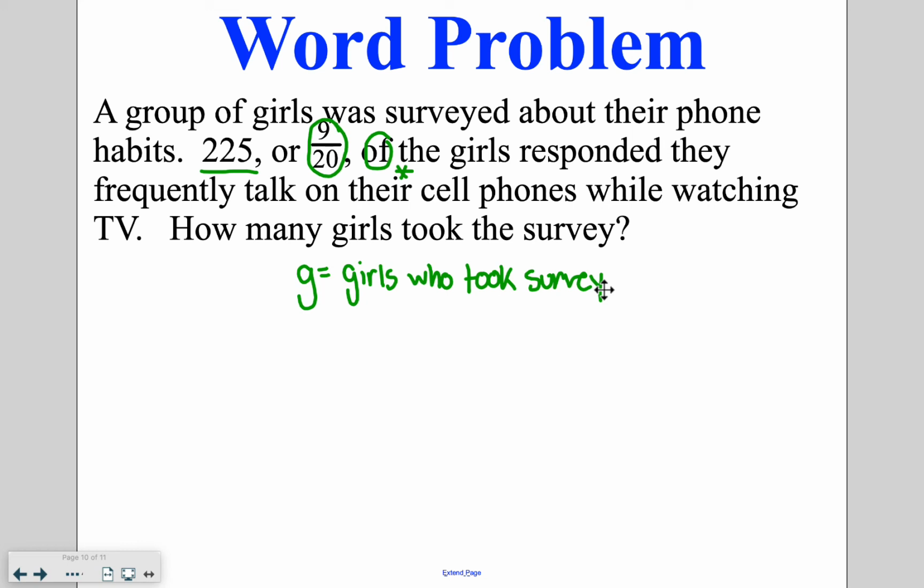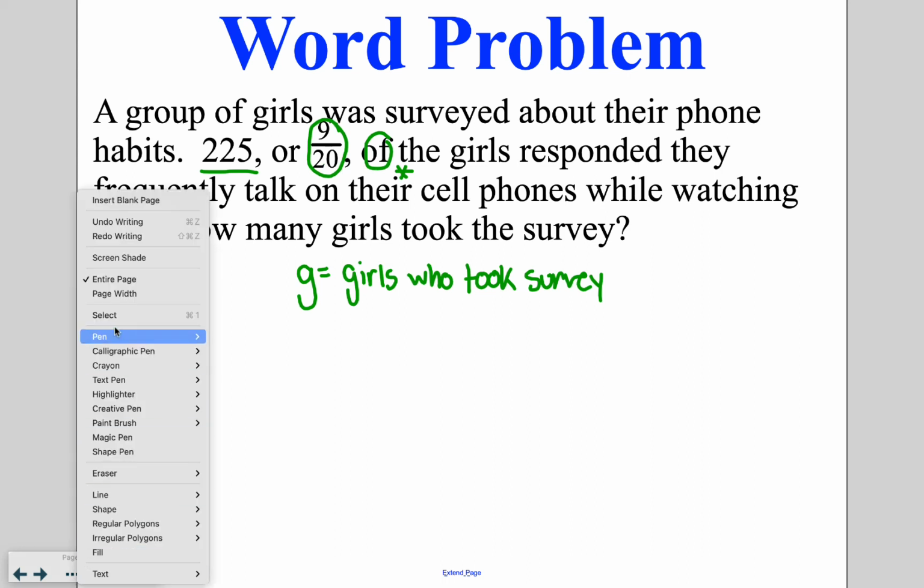You can totally do that. If you just want to take an extra couple of seconds and in your head mentally process what you're going to use for a variable and what it stands for, that's fine as well. But you really want to stop and think when you are writing these equations, what is the variable and what does it stand for?